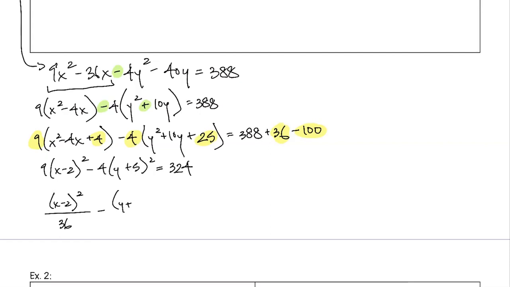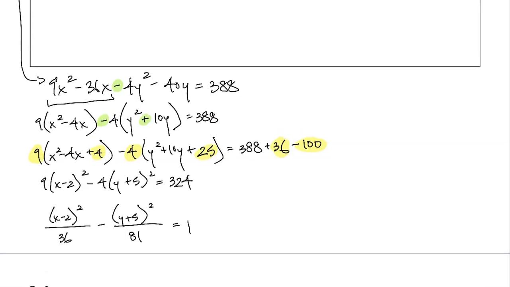Minus y plus 5 squared over 81. And I'm also thinking, okay, 9 squared. And so from here, I've got a center that is at positive 2, negative 5.